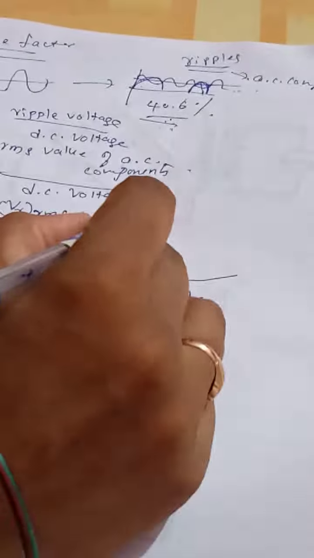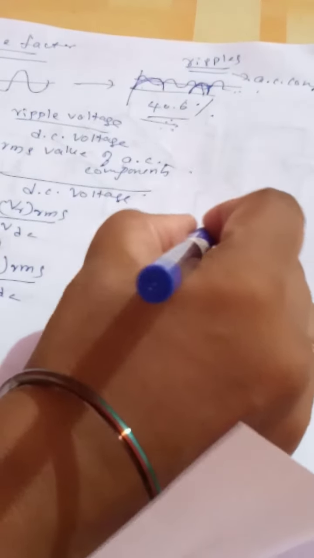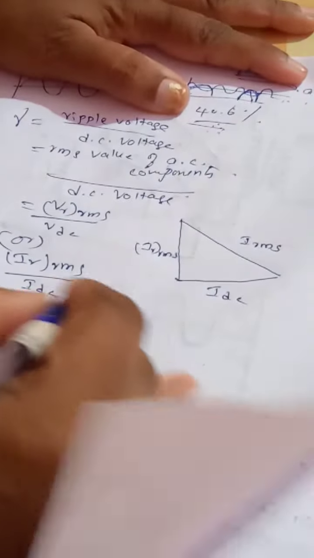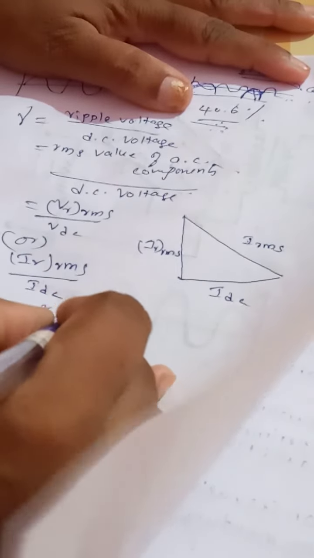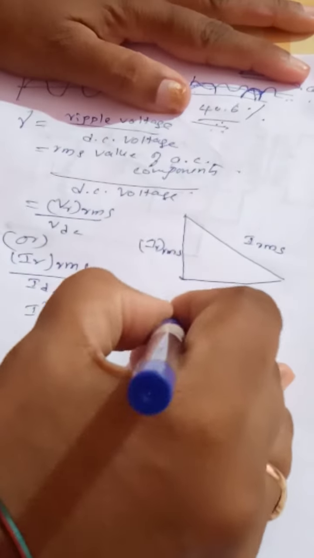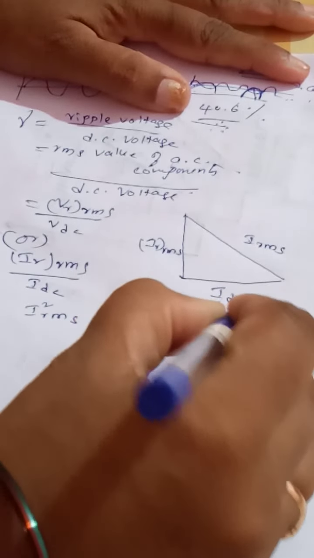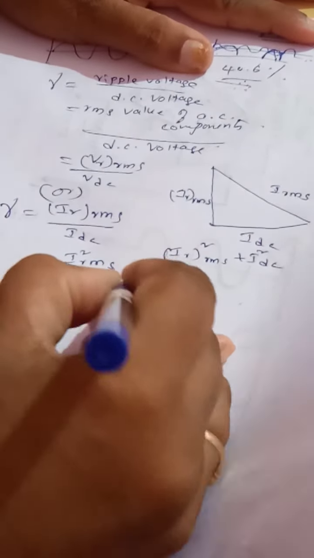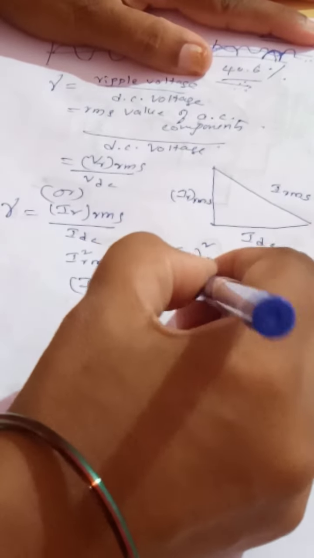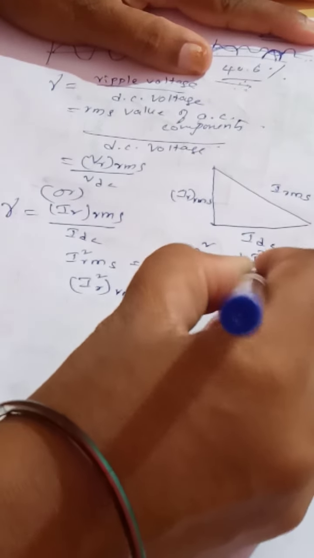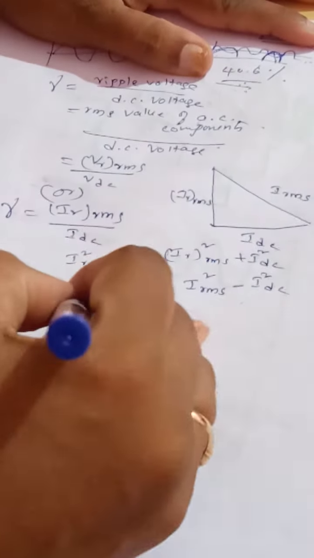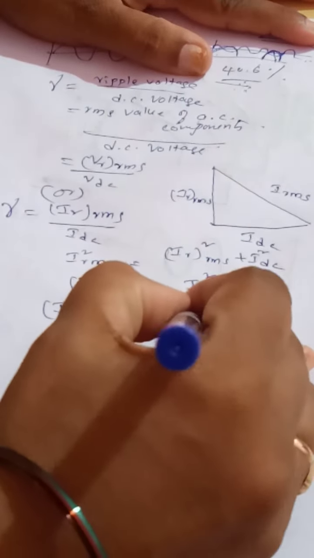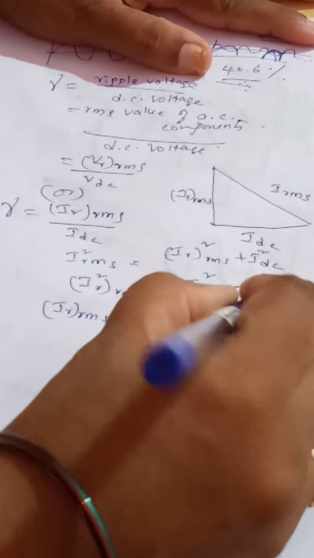So the resultant is I_RMS. As usual, using Pythagoras theorem, we get I squared RMS equals I_R RMS squared plus I squared DC. But what we want is I_R RMS squared equals I squared RMS minus I squared DC. So I_R RMS equals under root I squared RMS minus I squared DC.